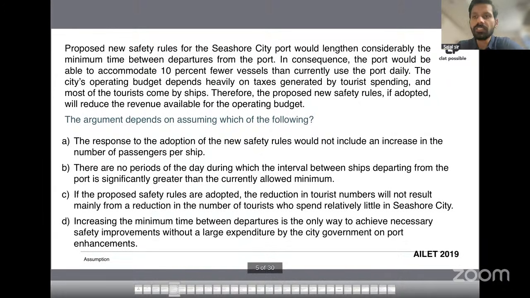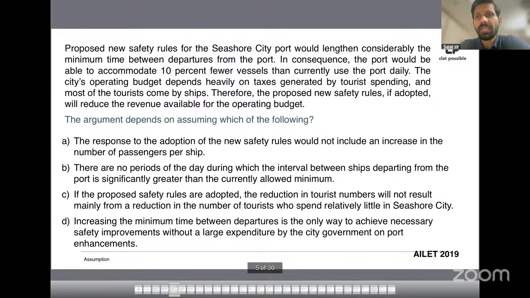All right, so let's do this together. Proposed new safety rules for seashore city port would lengthen considerably the minimum time between departures from the port. In consequence, the port would be able to accommodate 10% fewer vessels than currently use the port daily.